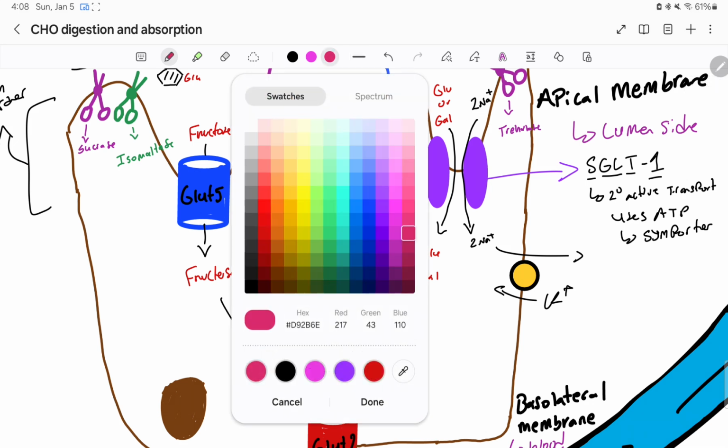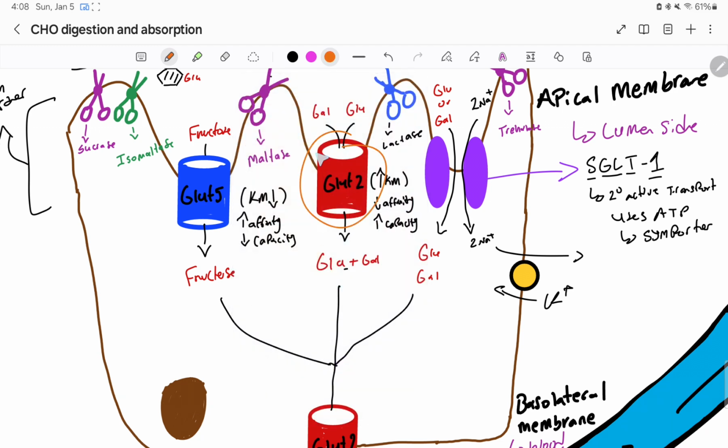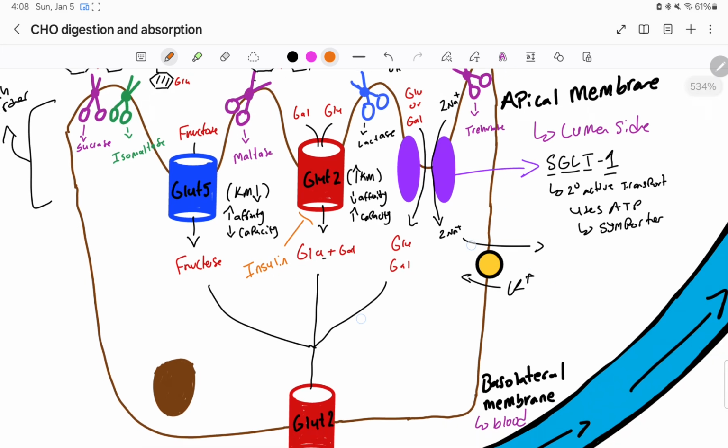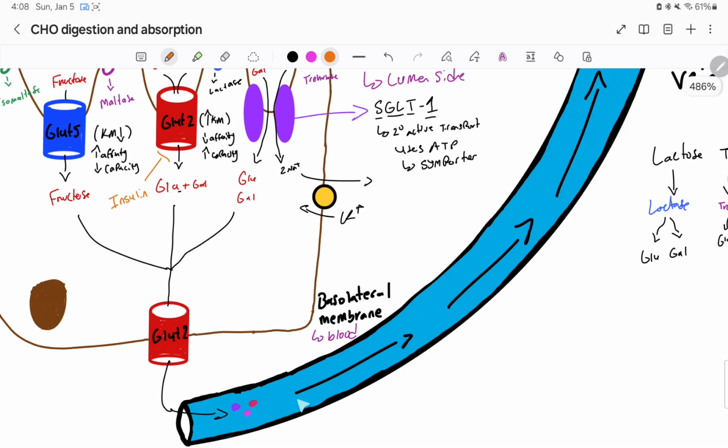One more thing I want to mention regarding this GLUT transporter is that this apical GLUT2 is actually regulated by insulin. After a meal, when glucose makes its way into the blood, insulin starts to spike up, and I'll show that.